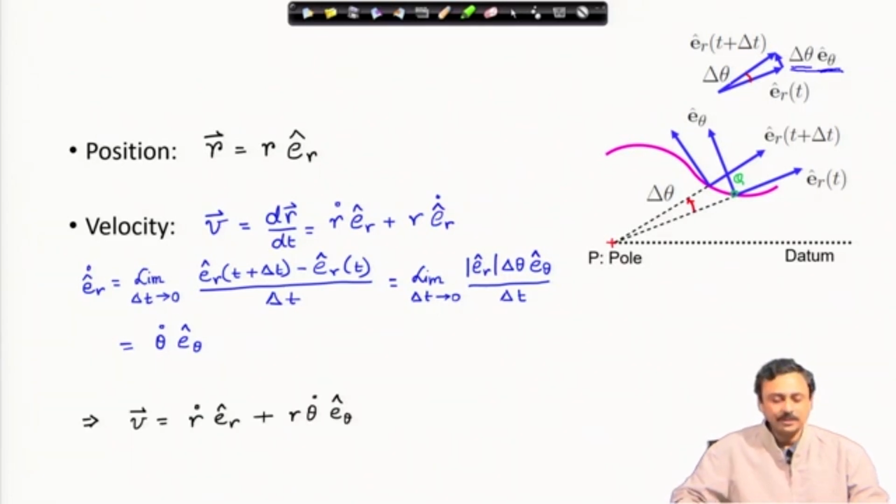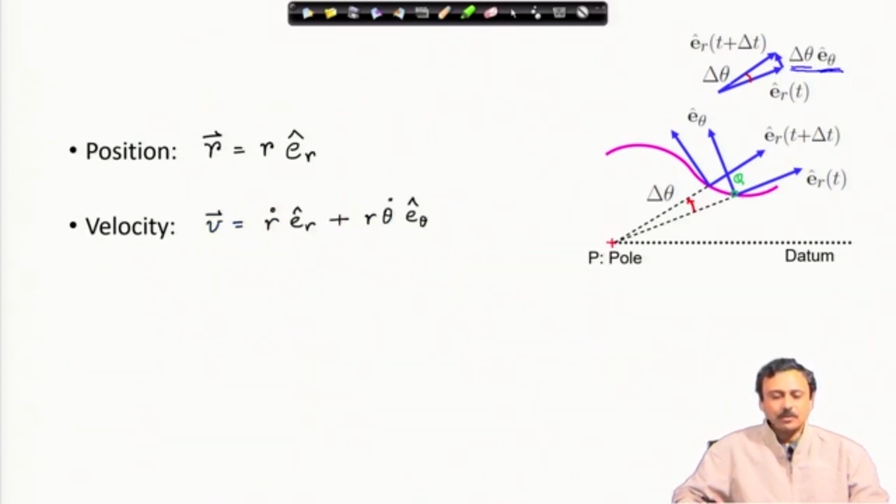Therefore, the velocity vector finally becomes r dot Er plus r theta dot E theta. That is the expression of velocity vector. Finally we have been able to represent the velocity vector in terms of the unit frame vectors. So, position vector, velocity vector expressions have been found.